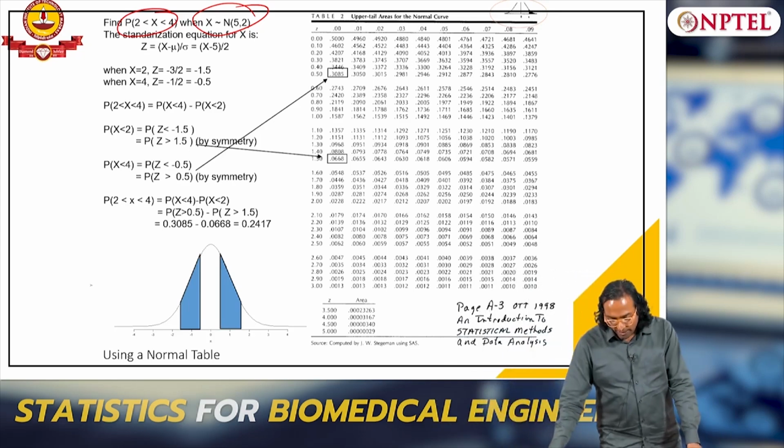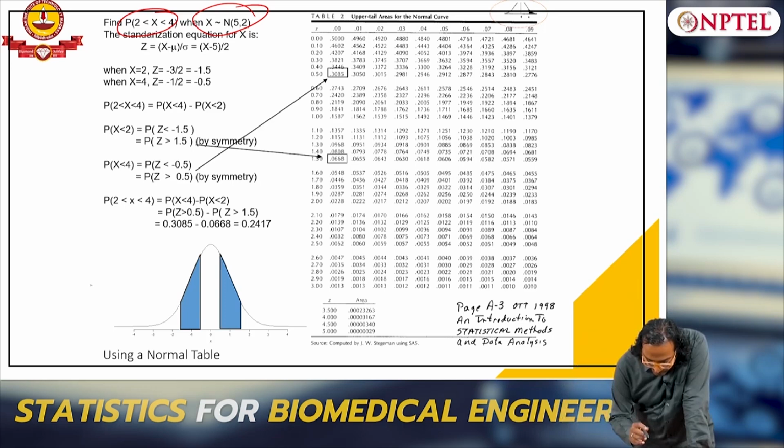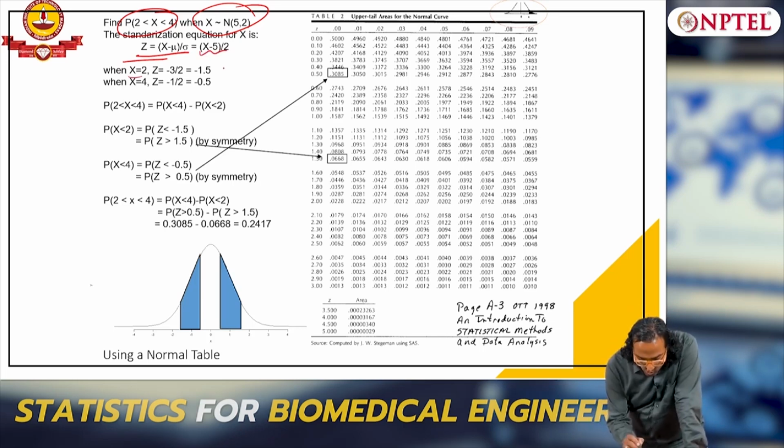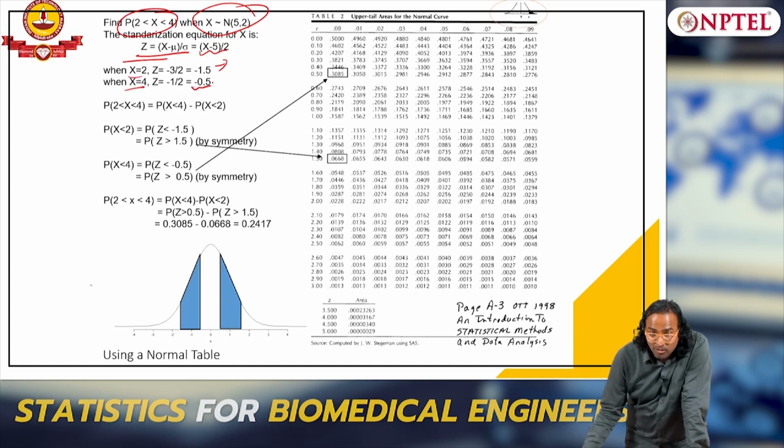I first standardized it, z equals x minus mu by sigma, so that you have x minus 5 by 2 as the value. If x equals 2, z equals minus 1.5, and x equal to 4, z equals minus 0.5.